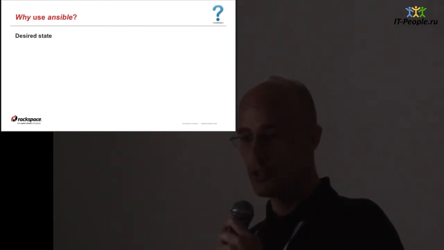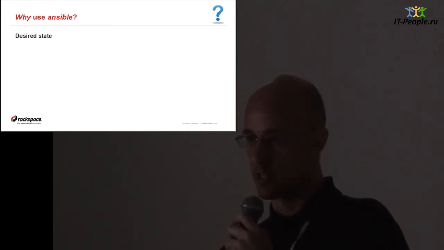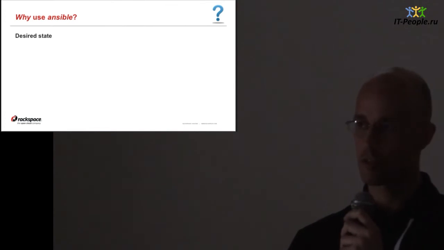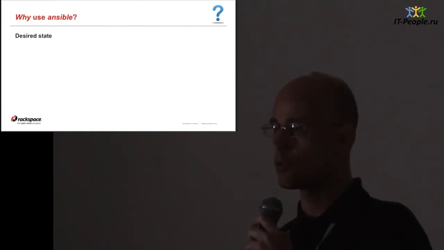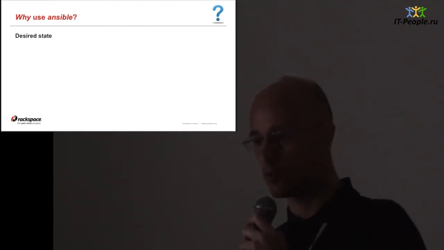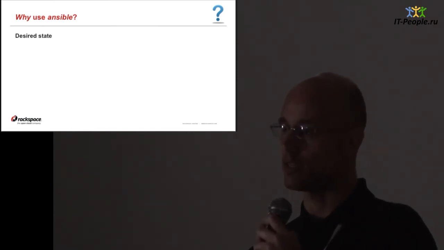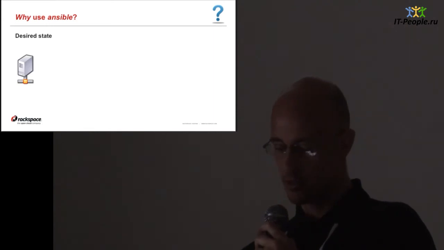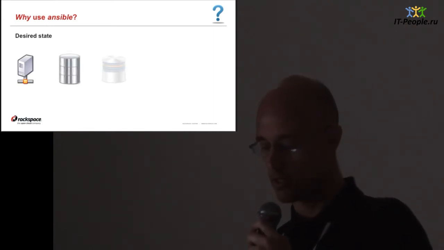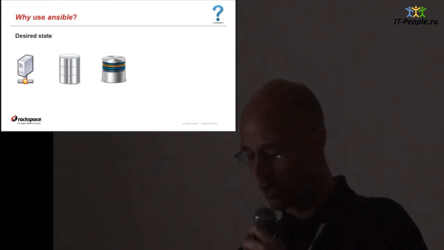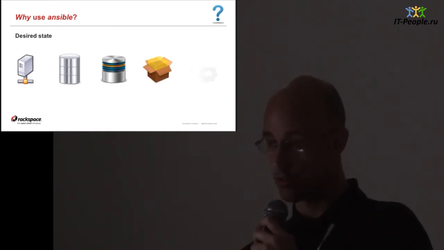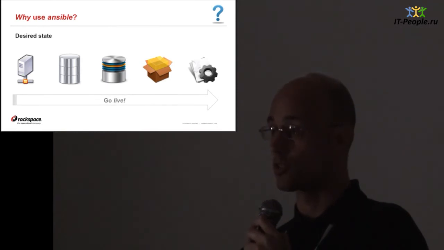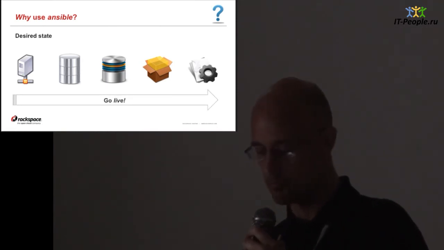Why would you use a configuration management system? When you start using a configuration management system, you need to figure in your mind what is the desired state of the system. So you could provision a server, attach block devices, create file systems, install packages, configure packages and deploy applications, and at that point your server is ready to go live.